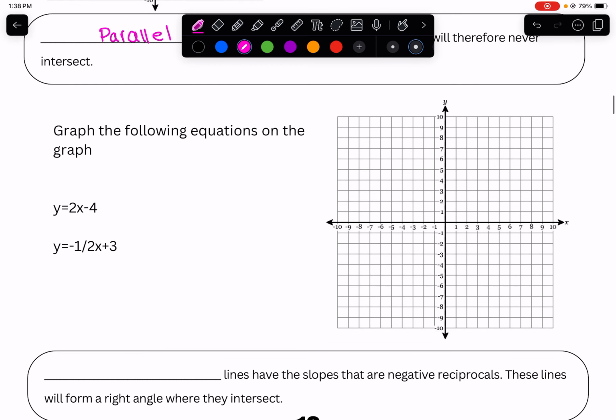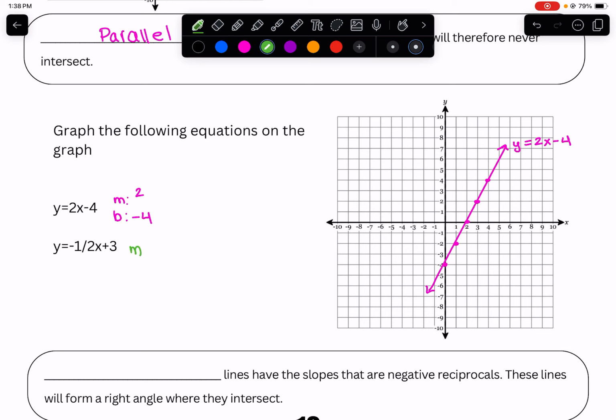Now we're going to do something very similar. So again, I'm going to start by graphing my lines. Slope is 2, intercept is -4. Graph my first line. Y is equal to 2x minus 4.